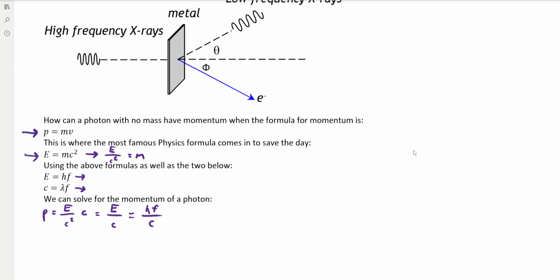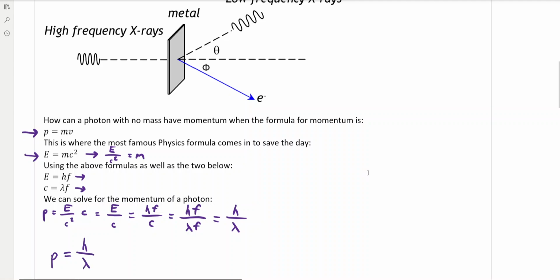Let's just plug that in instead of c. That's probably an easier way of looking at it. So hf over, and instead of c, we're writing lambda f. And so now we can see f and f cancel, so it's h over lambda. So that whole thing boils down to momentum is h over lambda.